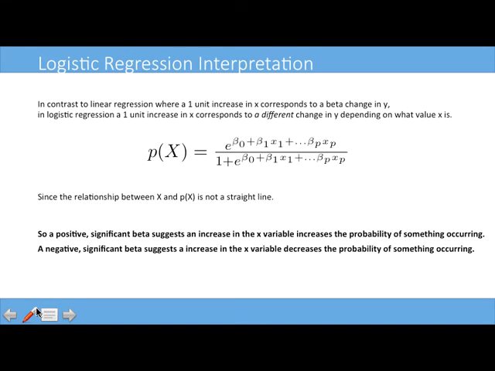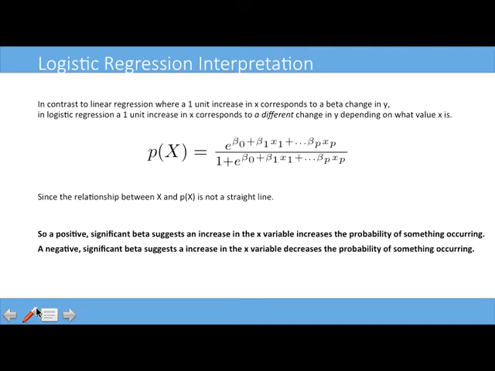So that's basically one difference in terms of interpretation, and that lends itself to a more general view of how to interpret a logistic regression model, in that if the coefficient you get from your model is positive and statistically significant, then increasing the x variable will increase the probability that something will happen.